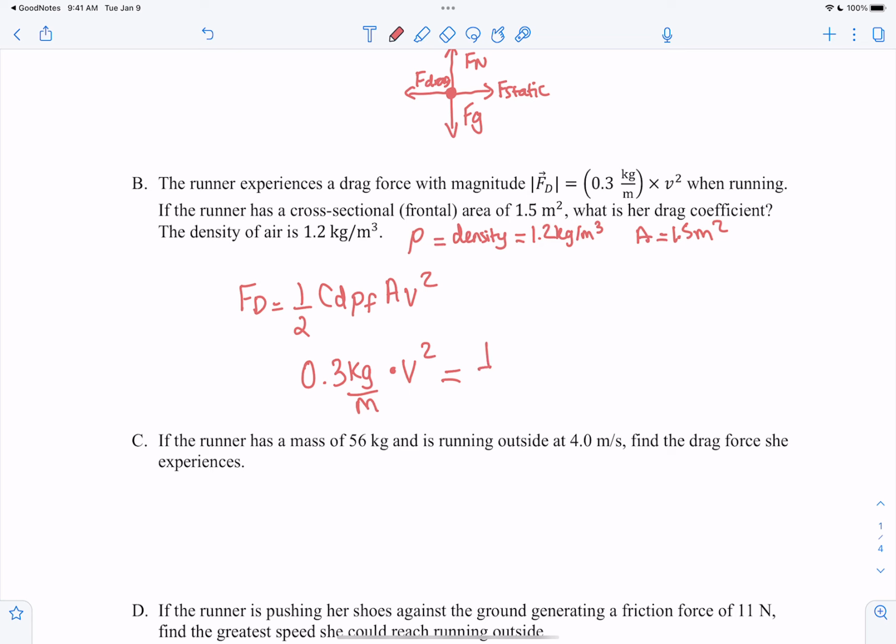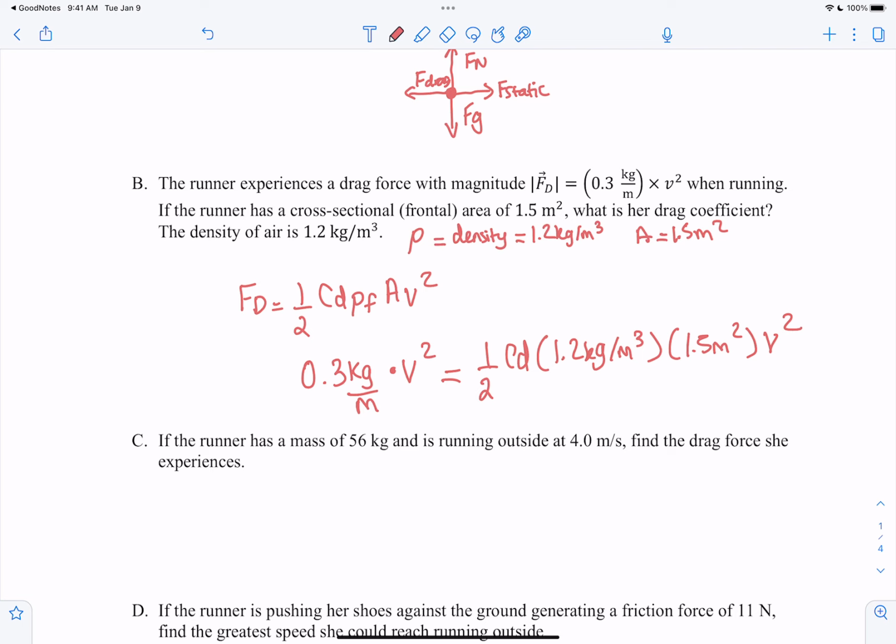We can set that equal to half the drag coefficient times our density, 1.2 kilograms per meter cubed, and then multiply by our area, which is 1.5 meters squared, and then we have v squared at the end.